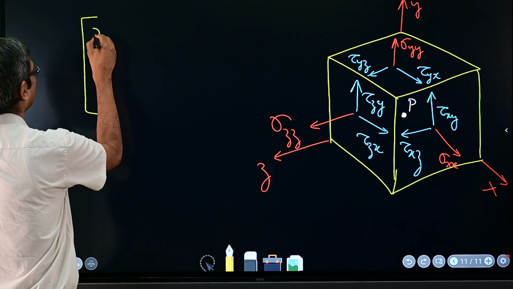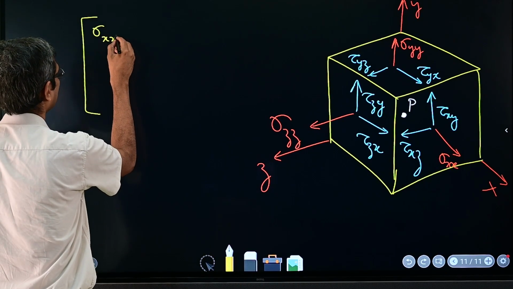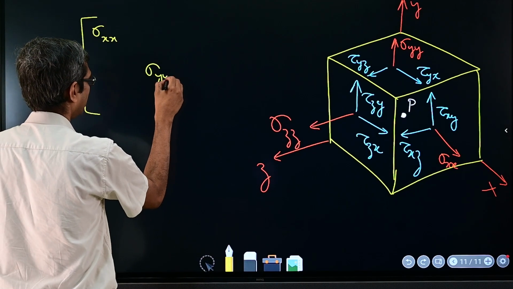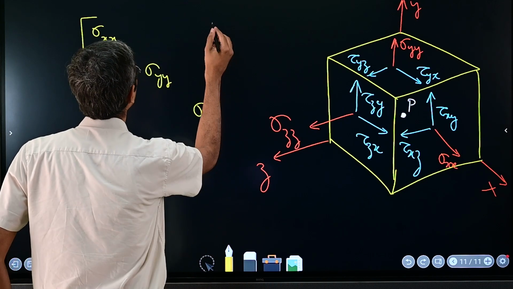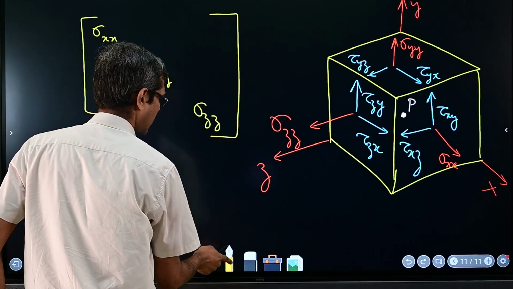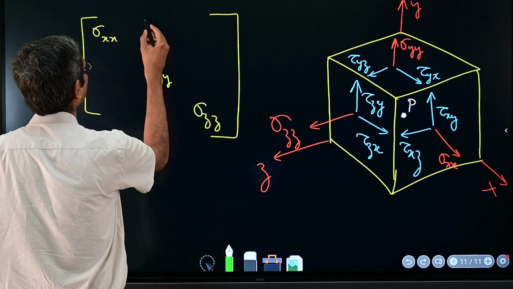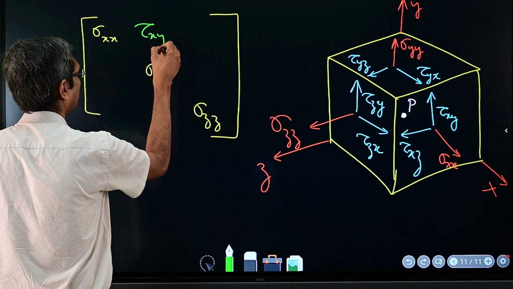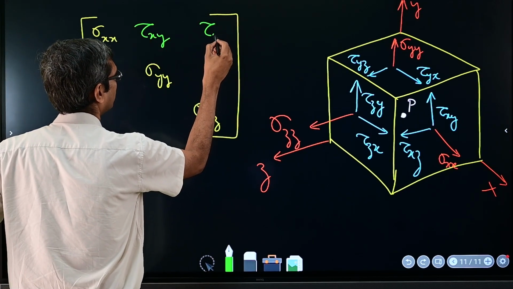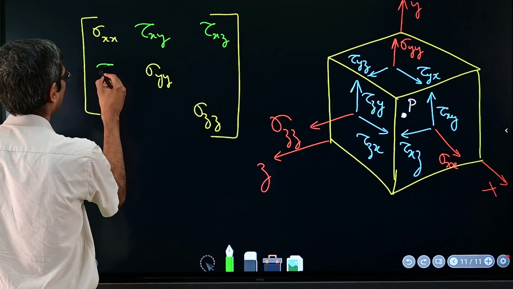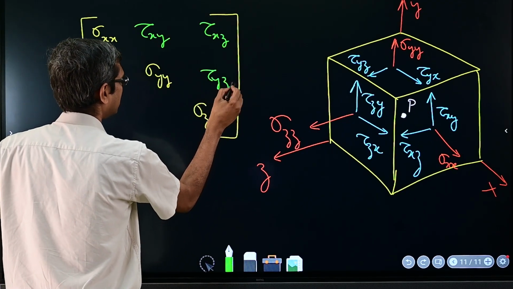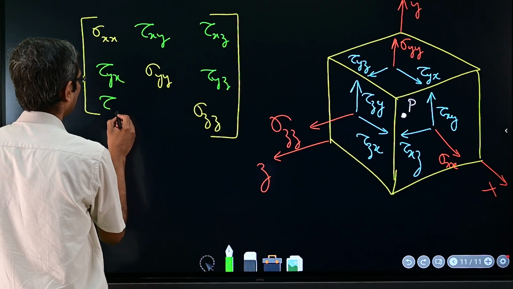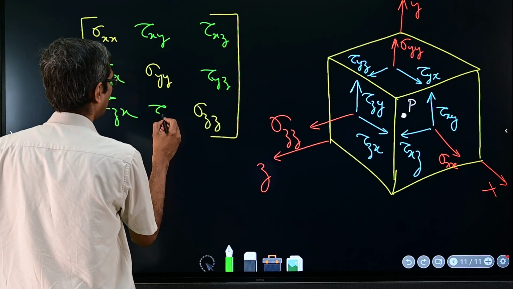Like sigma xx, sigma yy and sigma zz, and then you have tau xy, tau xz, then tau yx, tau yz, tau zx, and tau zy.